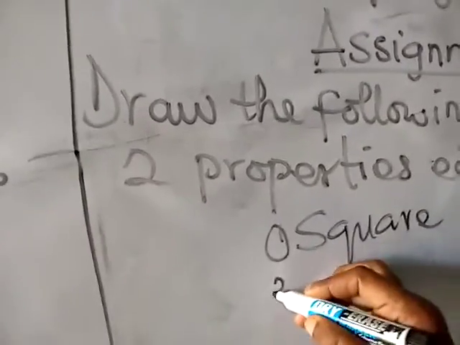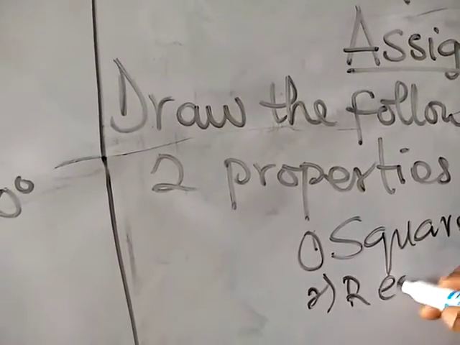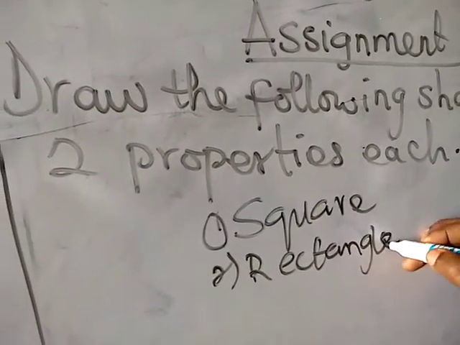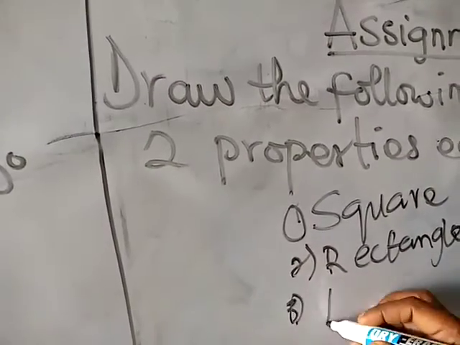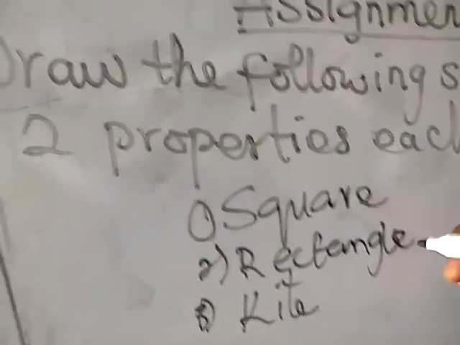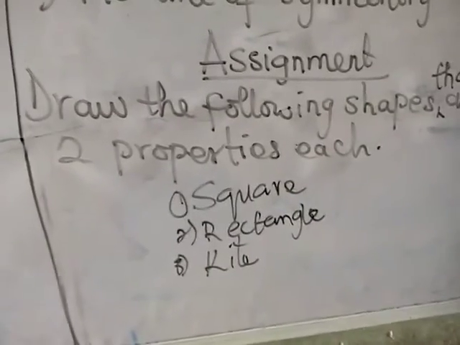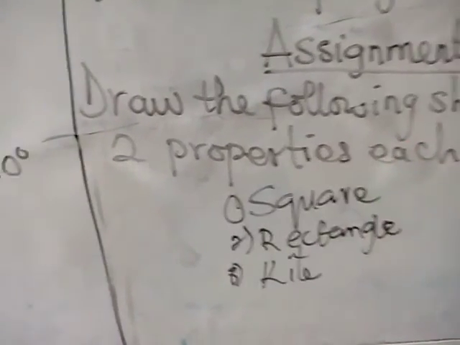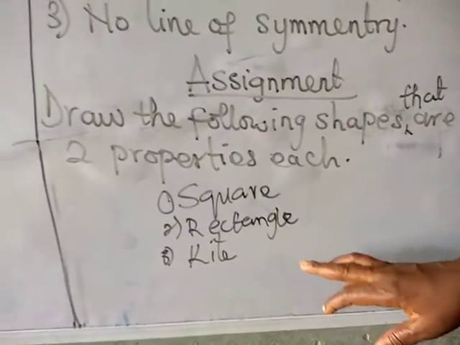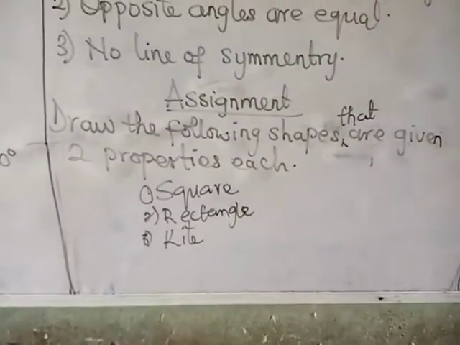I would like us to draw a rectangle and give two properties for each. And I would like us to draw a kite too and give two properties for each of the named shapes on the board: a square, a rectangle, and a kite. Thank you very much.